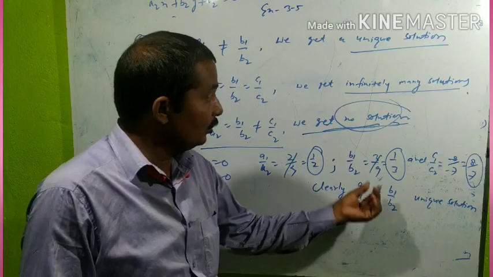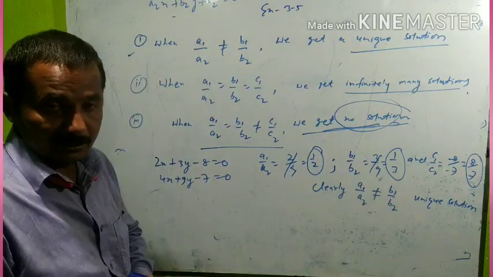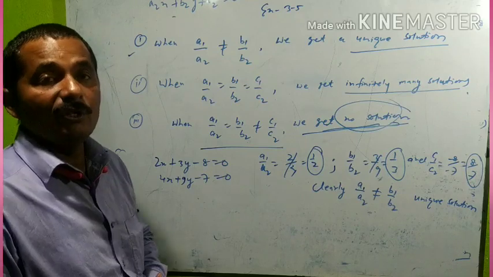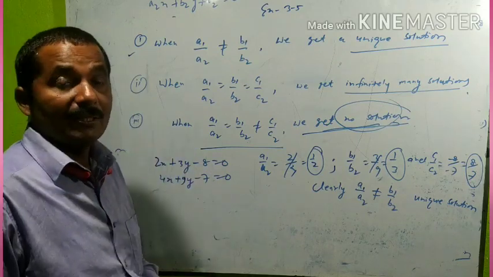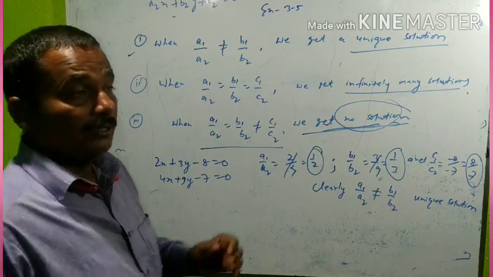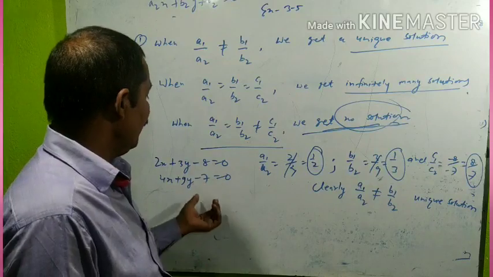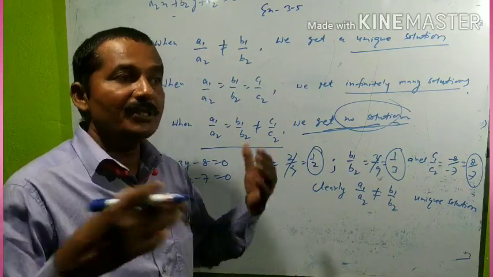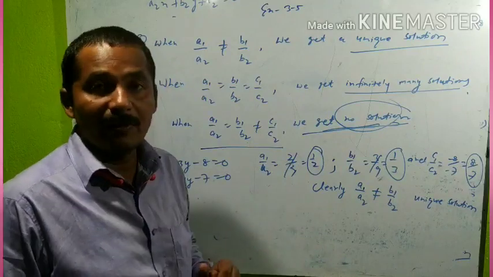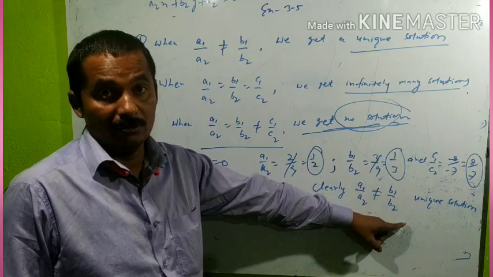So then you will apply any of three methods to get the values of x and y. The method may be substitution method, elimination method, or cross multiplication method. Any of these three methods you can apply if there is a unique solution.